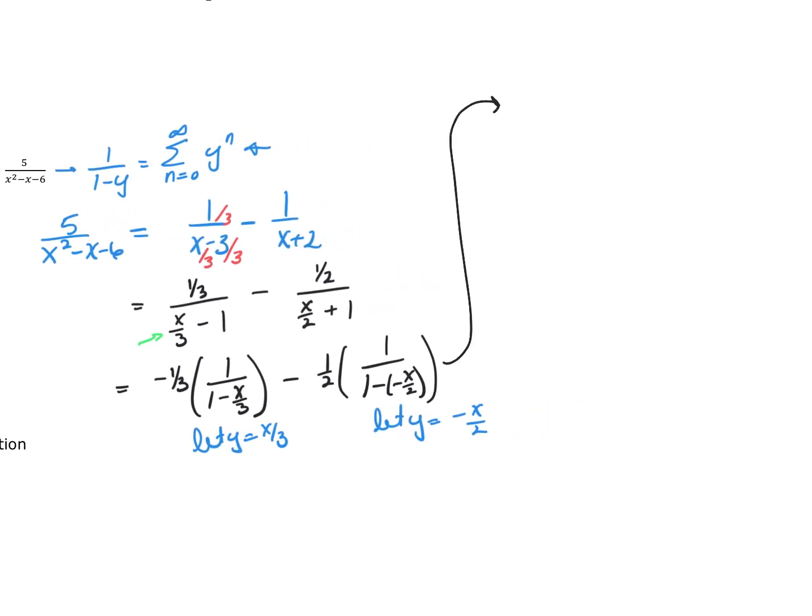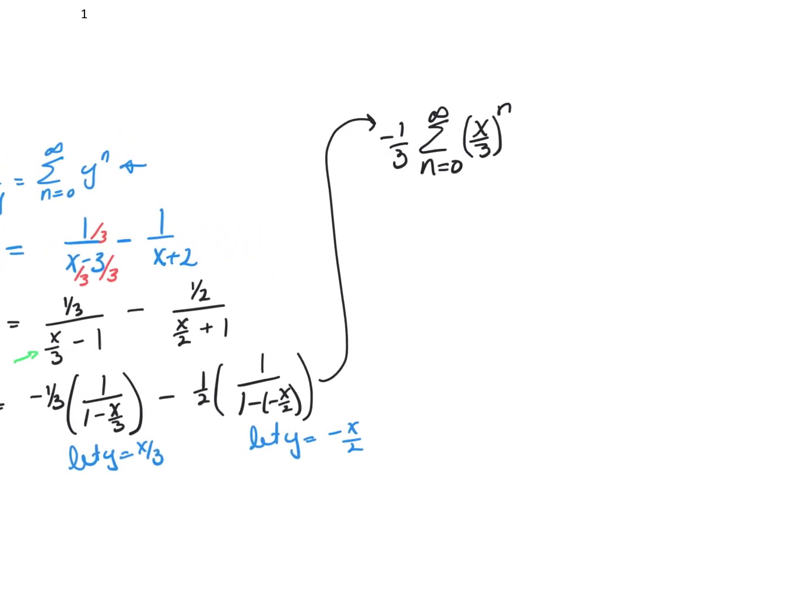So this is then equal to negative 1/3 times the summation of n equals 0 to infinity of x divided by 3 raised to the n. Simultaneously, I'm going to have minus 1/2 times the summation of n equals 0 to infinity of negative x over 2 raised to the n.